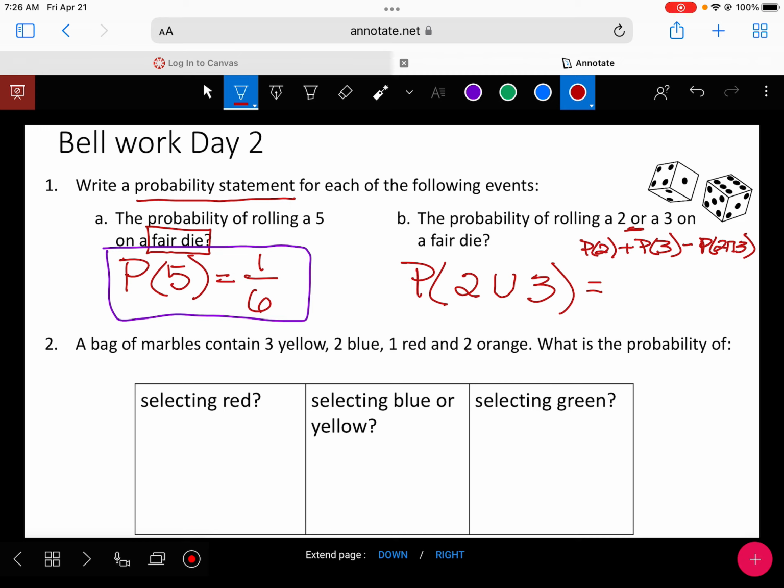But a 2 or a 3, how many faces have a 2 or a 3 on them? 2 out of the total of 6. Which, if I simplify, divide by 2 over 2, is going to be 1 out of 3.